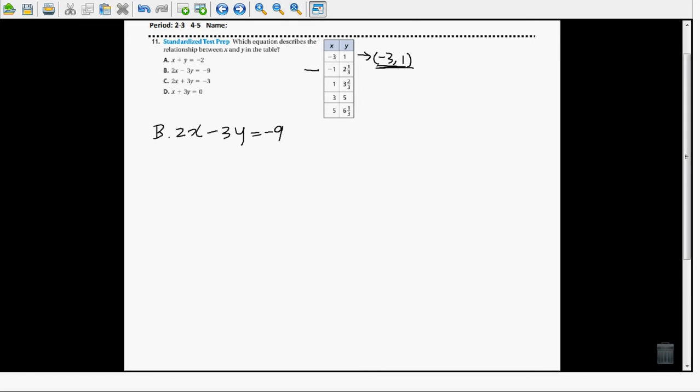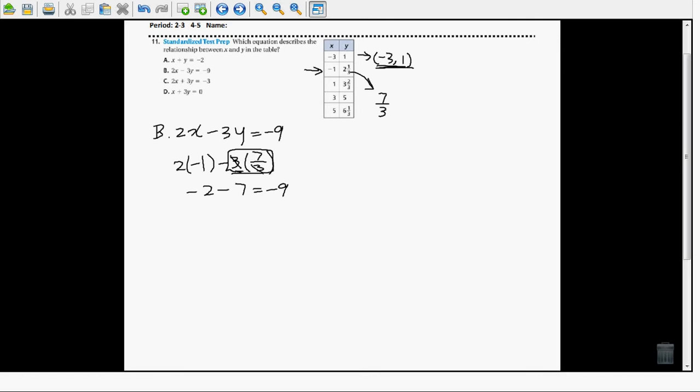So let's try this one. x is -1, so we have 2 times -1 minus 3 times y, which is 1/3. That's 7/3, right? So this is -2 minus, long story short, you can cancel out. Is that -9?